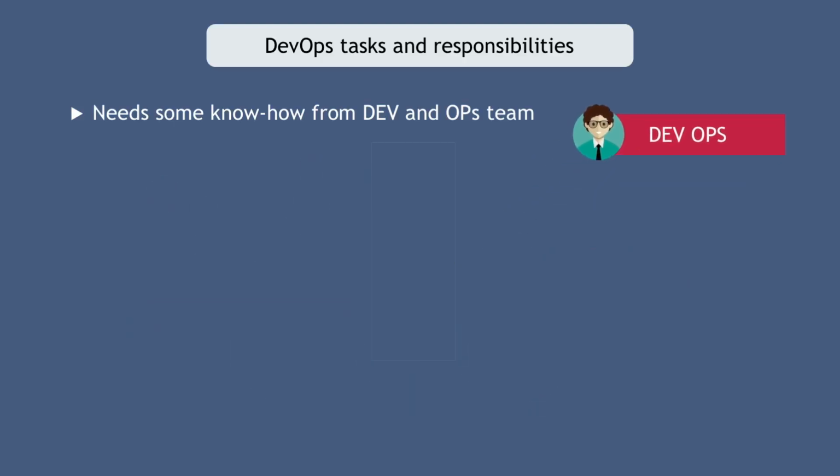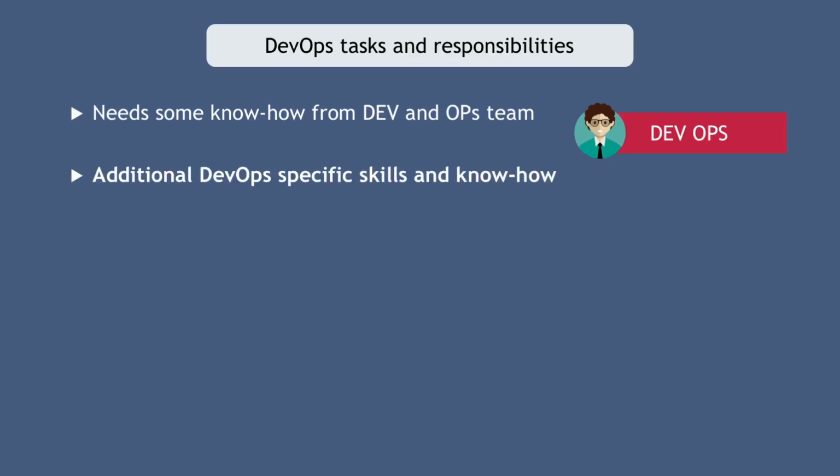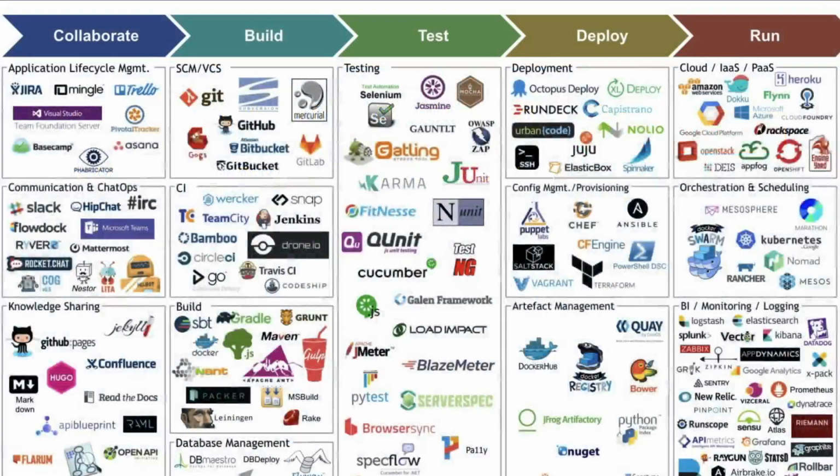However, and that is the reason why DevOps became its own thing, in addition to this subset of skills on both sides, DevOps has evolved to have its own specific, unique skills and technical know-how on top of all that. And that skill set and know-how encompasses the DevOps tools that we know today.